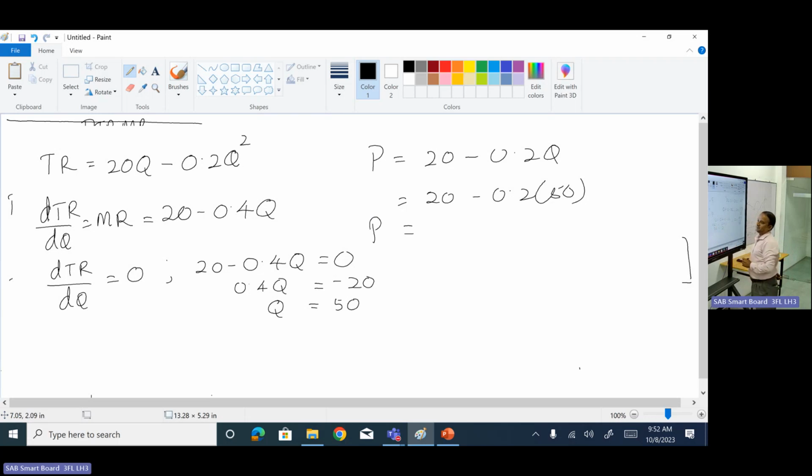Price is 0.2 into 50, which is 10, right? I think you can see, those who are online can also see. This price is 10.